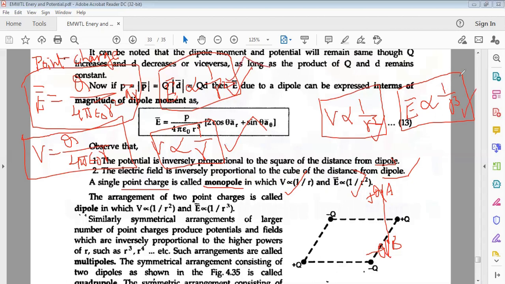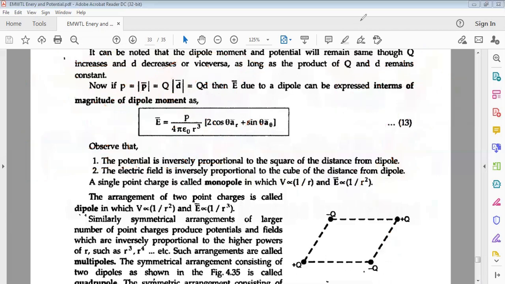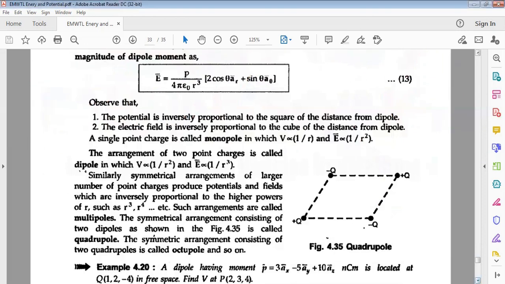Here R square and here R cube; there R and 1 by R square for the point charge, which is nothing but the monopole. Got it? The arrangement of two point charges is called a dipole, in which the potential V is 1 by R square and the electric field intensity is proportional to 1 by R cube. Got it, my dear students?